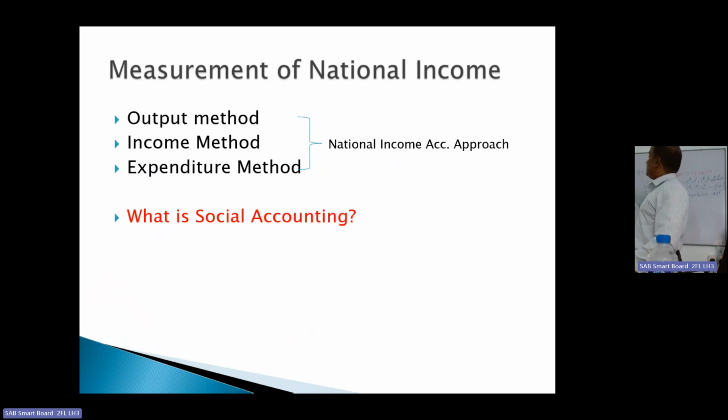Now we have the output method, income method, expenditure method. So that is called the national income accounting approach. According to the national income accounting approach, we identify these methods: output method, income method, expenditure method. So then what is social accounting?